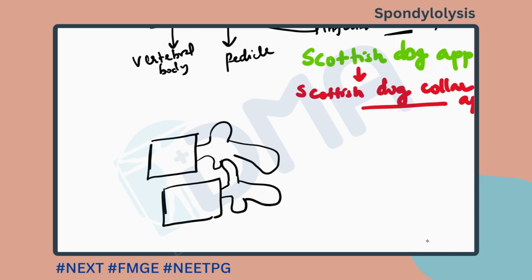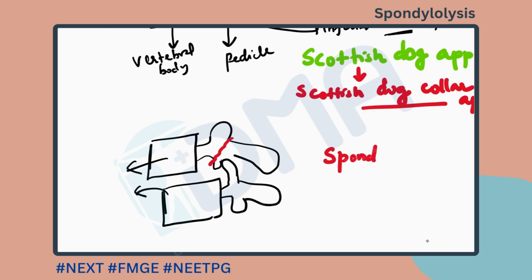Now if you see the vertebrae, this vertebra is slipping over this vertebra because of the fracture in the pars interarticularis region. When the pars interarticularis gets fractured, the vertebra slips over another.